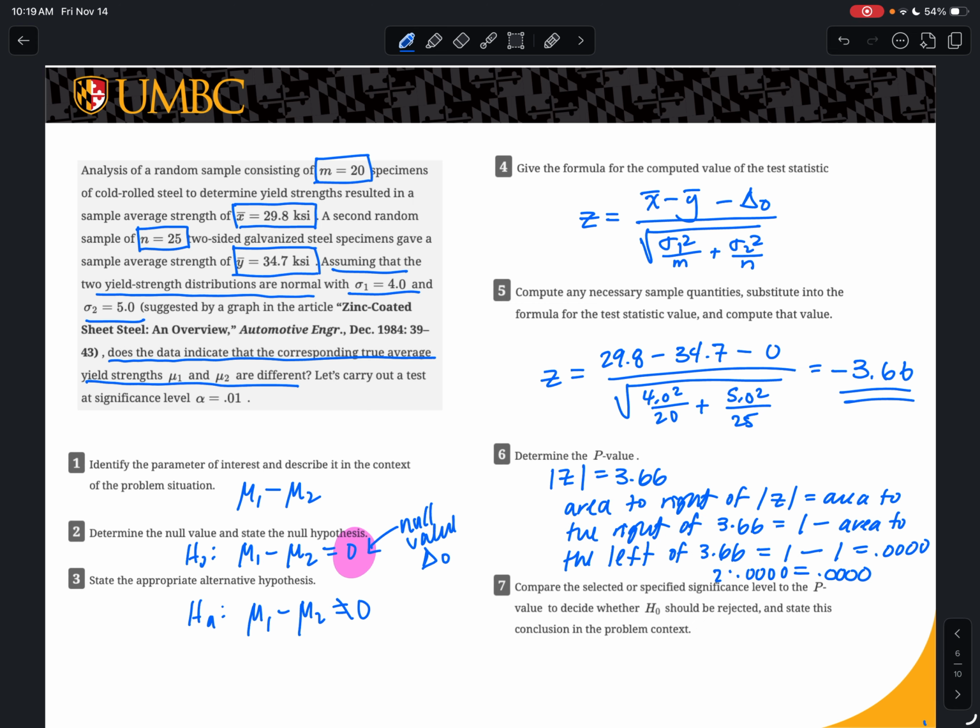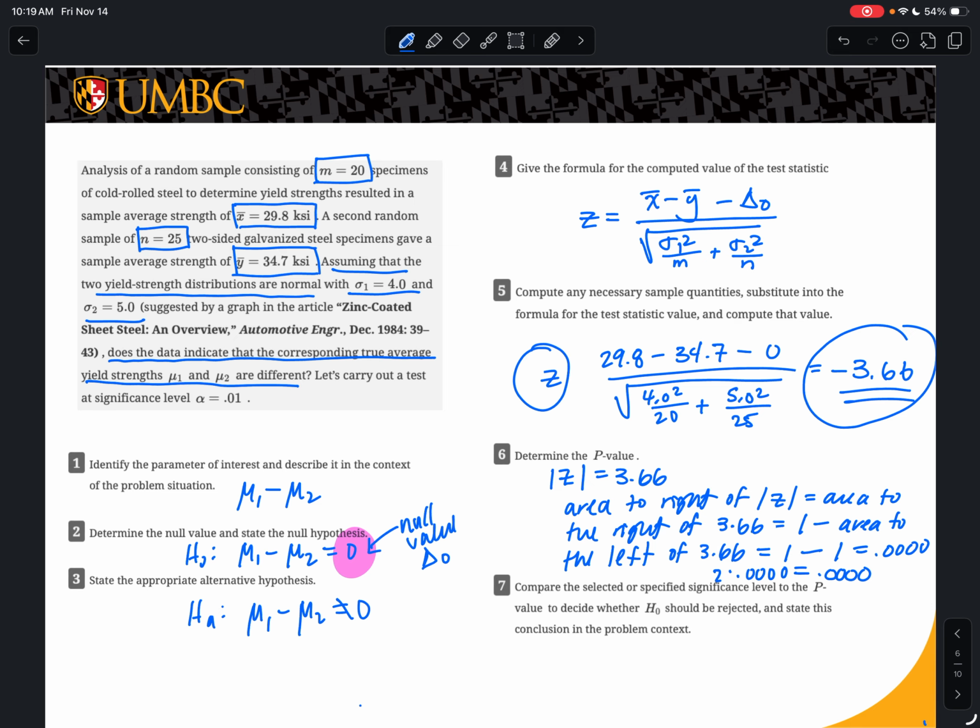Not that there was much arithmetic involved here, but the idea here is you've gotten this value for your test statistic, and you have to think to yourself, is that extreme given that the null hypothesis is true? And what I mean by that is, if the null hypothesis is true, then this whole quantity, this whole Z, should be standard normal.